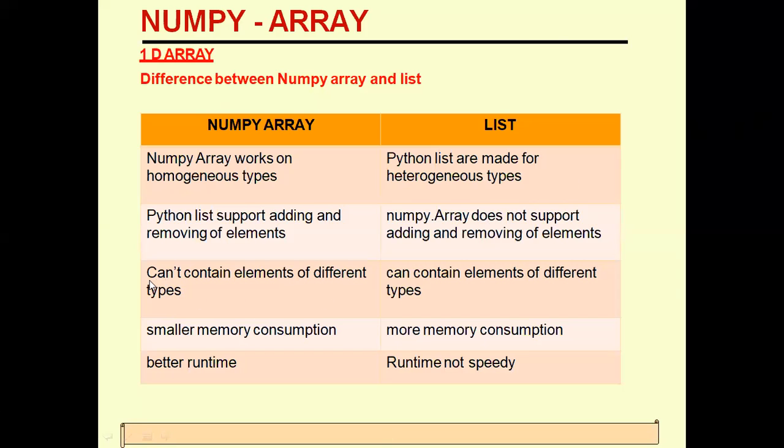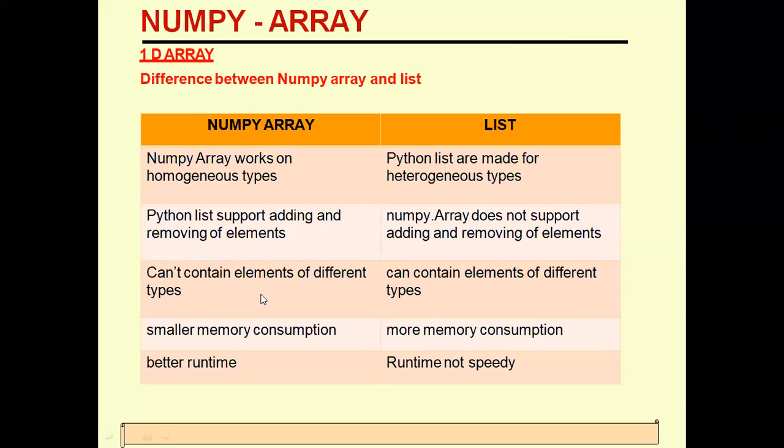So here, it can't contain elements of different types. In numpy, it can't contain elements of a different type, only the same type. It will be shared in the same data type across all the elements. And a list can contain elements of different types, meaning string, number, float, bool, all data types can be contained in a list.